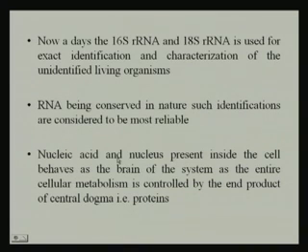The nucleic acid and nucleus inside the cell behave as the brain of the system, as the entire cellular metabolism is controlled by the end product of the central dogma, that is the protein.